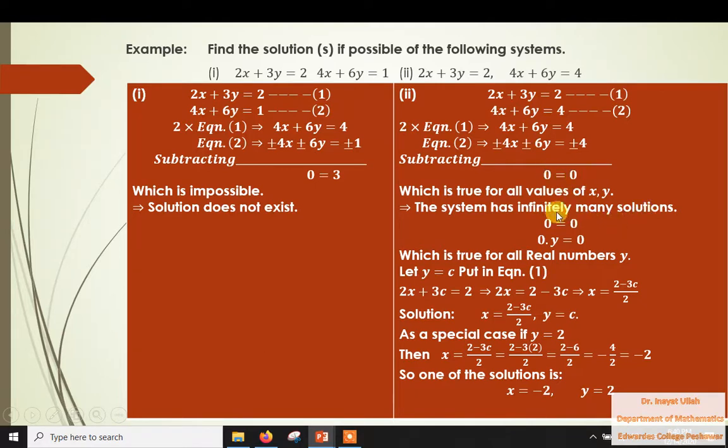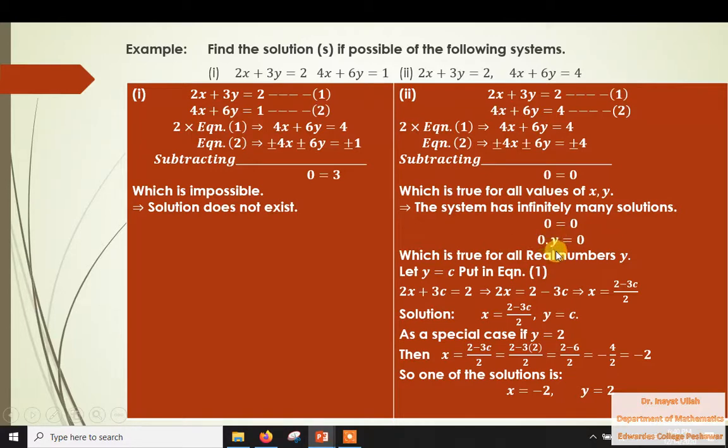0 is equal to 0. So if you multiply y with this 0, 0 into y is equal to 0. What will be the value of y here, which is multiplied with 0 to give 0? What is that special value of y?